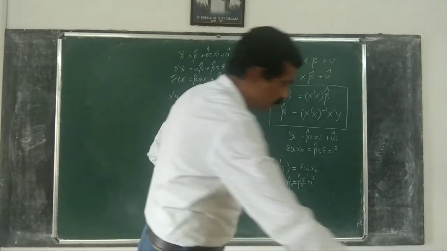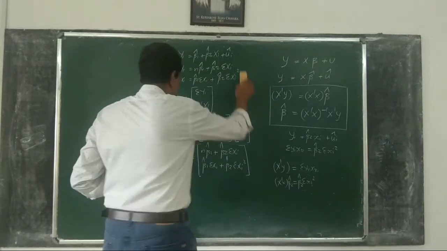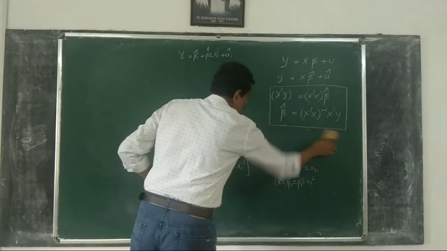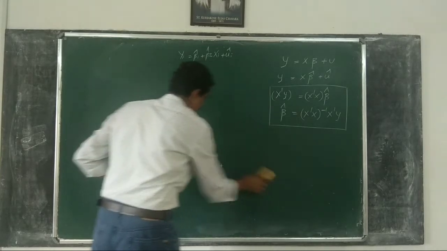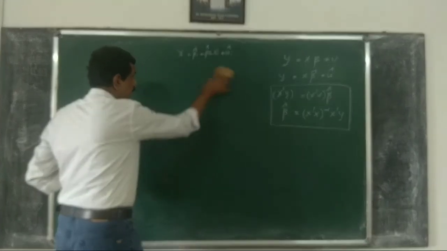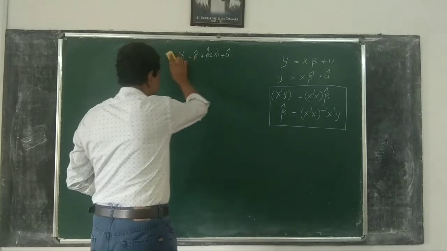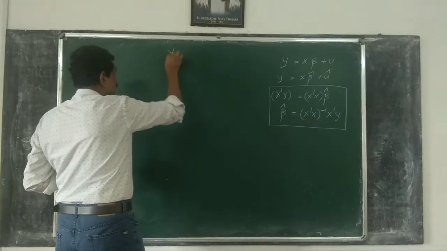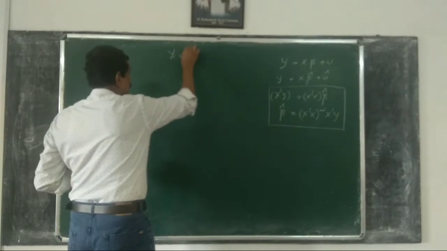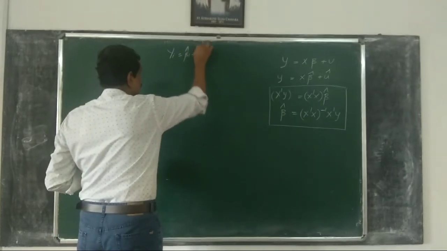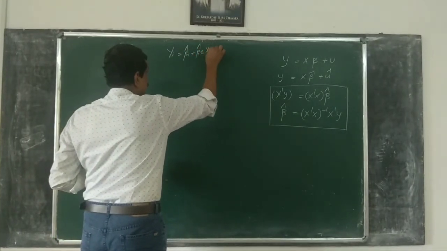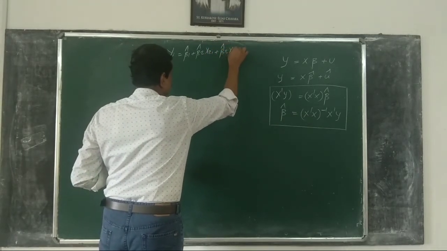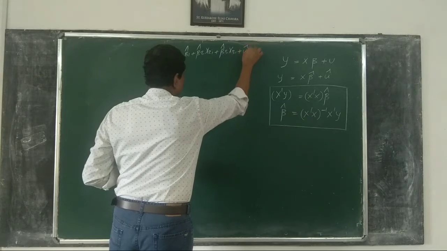Now let us see the three-variable model. The three-variable model is Yi is equal to beta 1 hat plus beta 2 hat X2i plus beta 3 hat X3i plus u hat i.